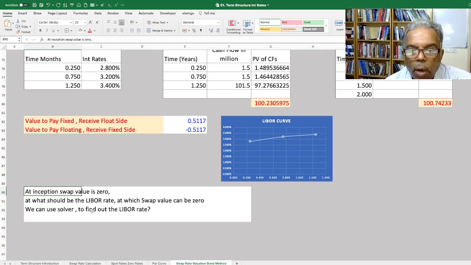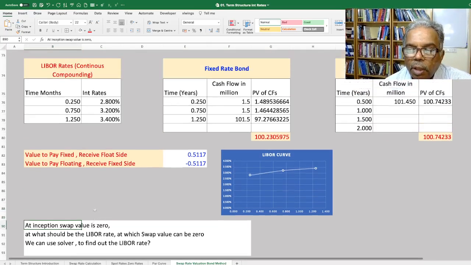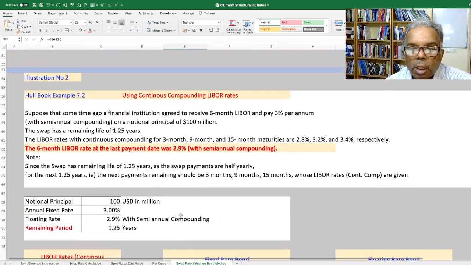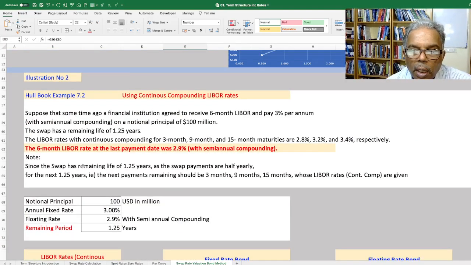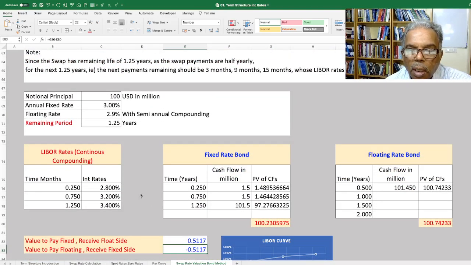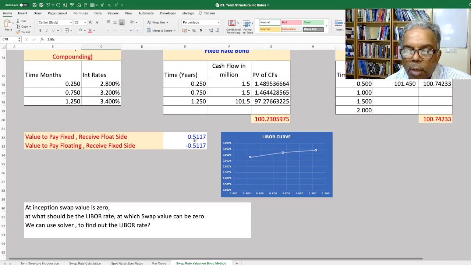Now, suppose the value of the swap at inception is 0. At what LIBOR rate can the swap be valued as 0? The value of the swap is not 0 now because the valuation is done sometime after inception. So at what LIBOR rate can we make the swap value 0?